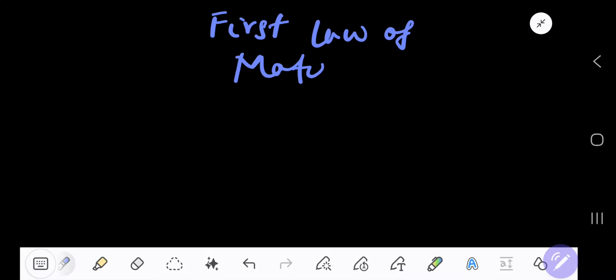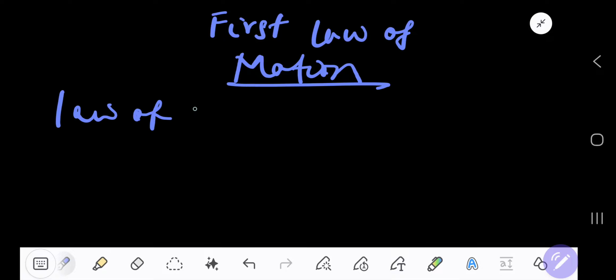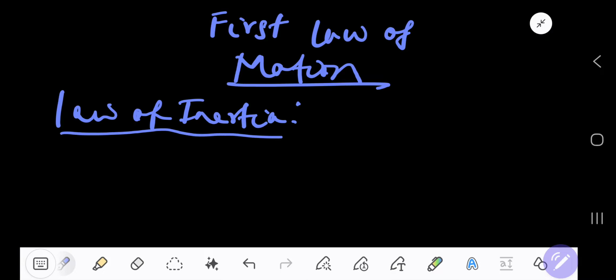Now we're going to go towards our first law of motion, which, as I mentioned before, is the law of inertia. What is the law of inertia?